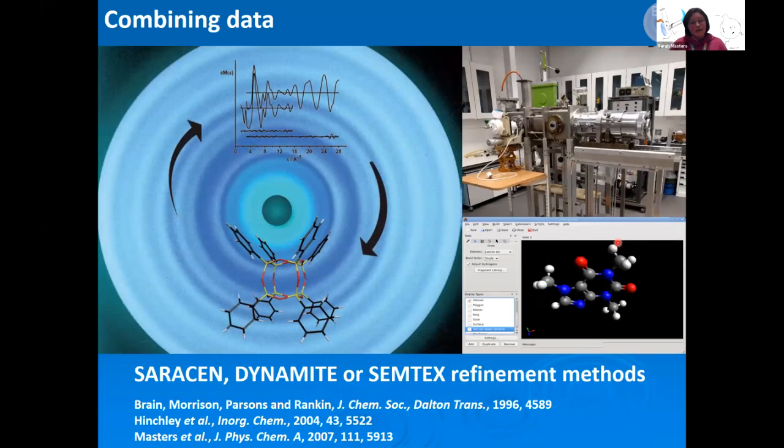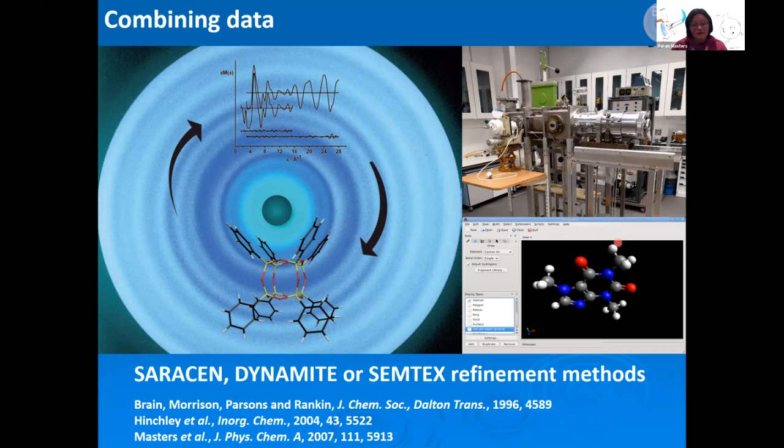So, as we have gone through the years, there's been a lot of apparatus development, and as a consequence, we can now look at much larger molecules in the gas phase, which is great, only it then means that quite often we can't get a complete molecular structure from gas phase data alone. And so we have to look to other data to try and understand and interpret what's going on.